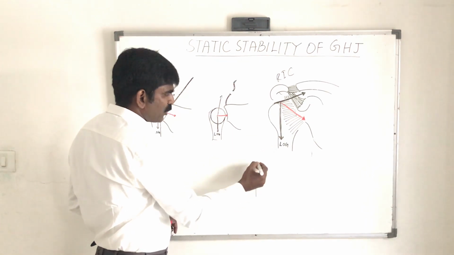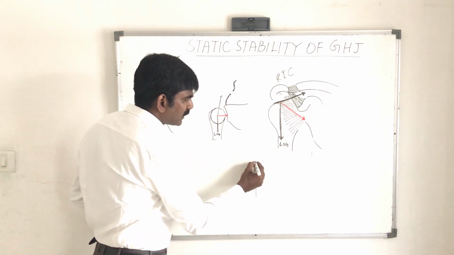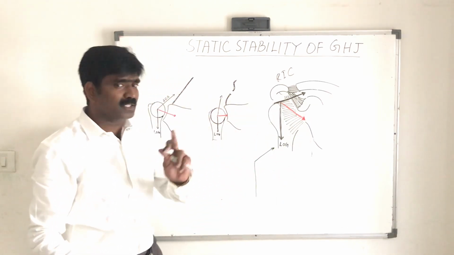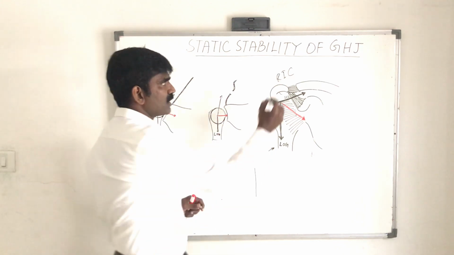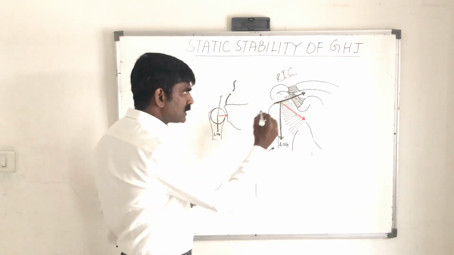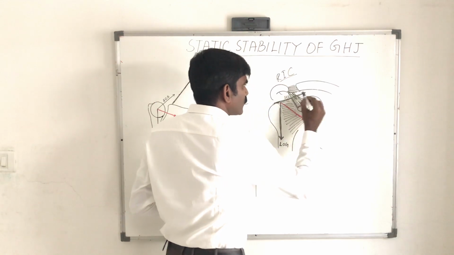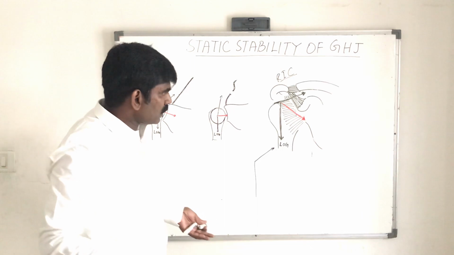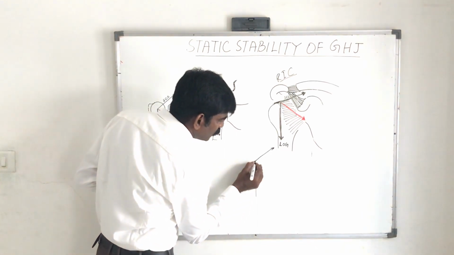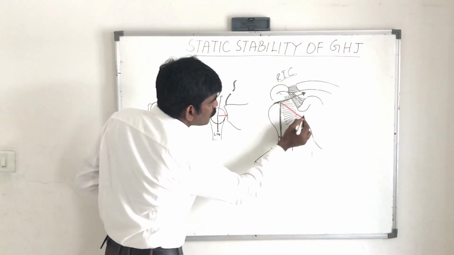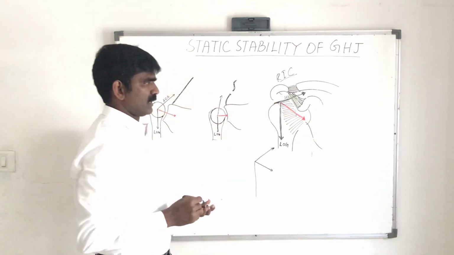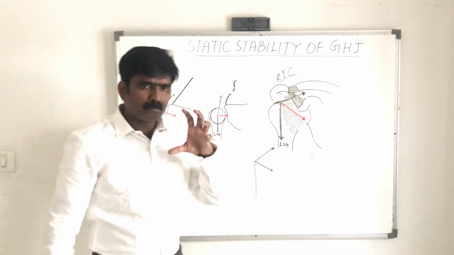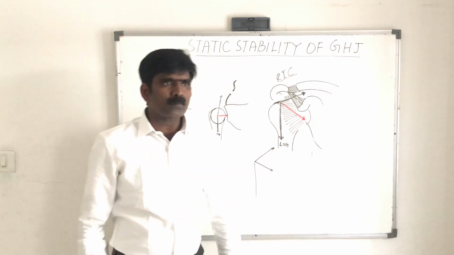The line of gravity is acting in this direction, and the tension in the superior capsular structure, that is passive tension in the rotator interval capsule, is acting in this direction. So what happens? The resultant force is generated. The resultant force is acting in this direction, that is towards the glenoid cavity. What is passive tension?